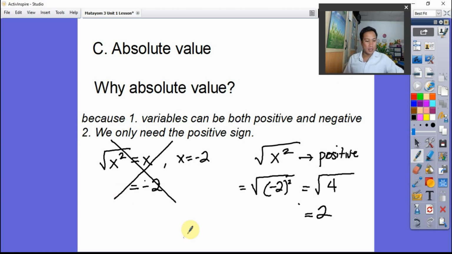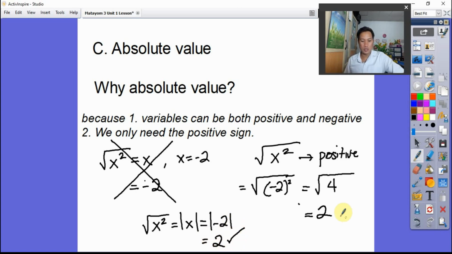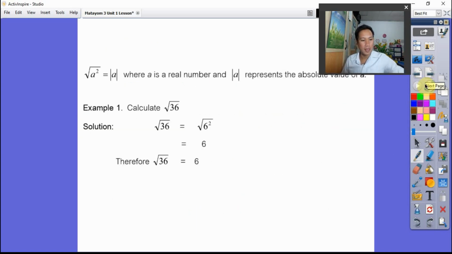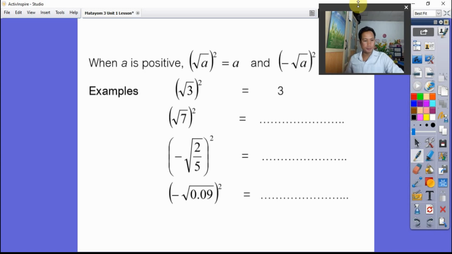That's why we have to put the absolute value sign in this case, so that when you arrive at the negative answer, you can neutralize the sign and you will get 2 as our correct answer. So that's why we put absolute value when you encounter this problem.